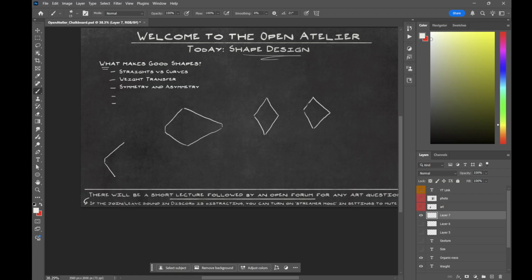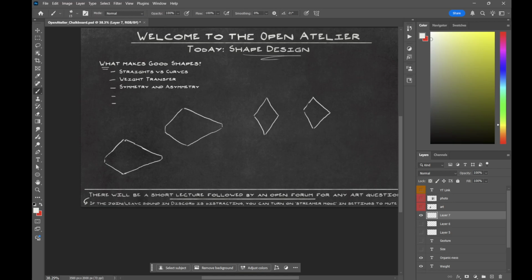Let's keep that back portion, but I'm going to weight it ever so slightly towards the top, and pinch it a little bit more down here. Maybe we weight it even more towards the top. These are minor adjustments, but this bottom shape is still going to feel just a little bit more interesting than that top one. And the reason is just that it's not perfectly symmetrical.